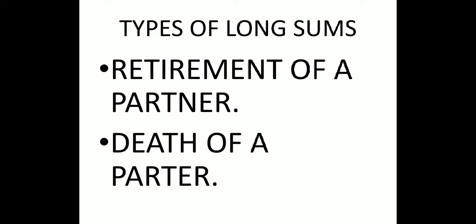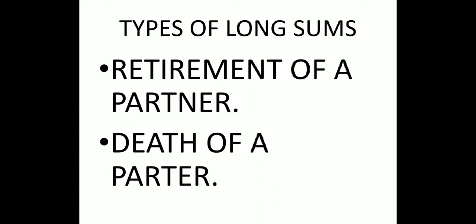So once we were done with the concept of theory, we understood illustration 24 in context with that. Illustration 24 was the very first sum related to the concept of death of a partner. The sum was quite simple.